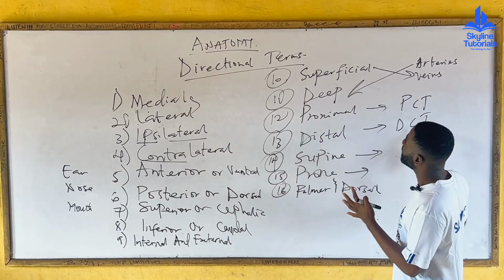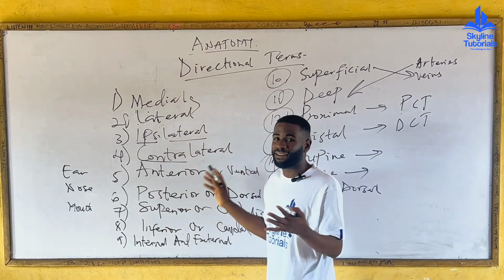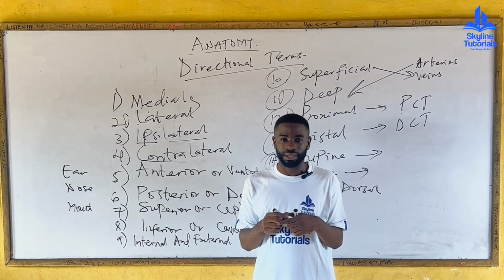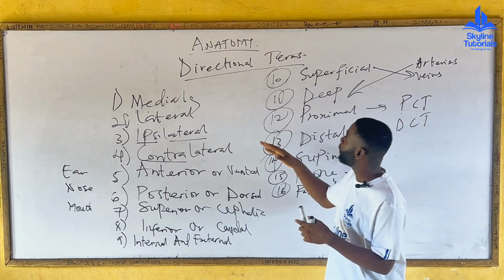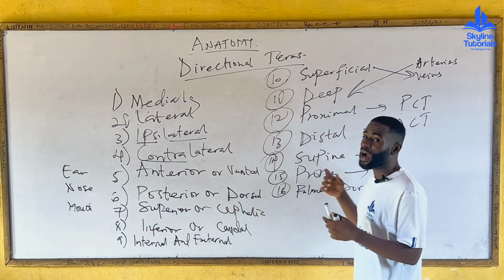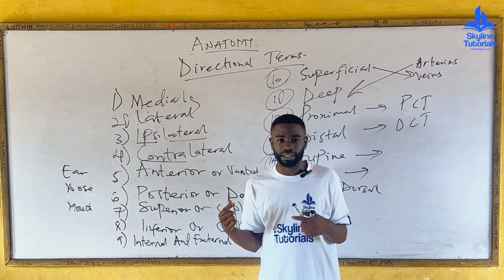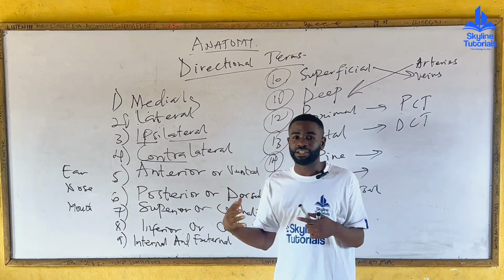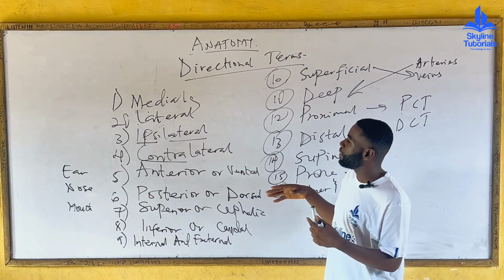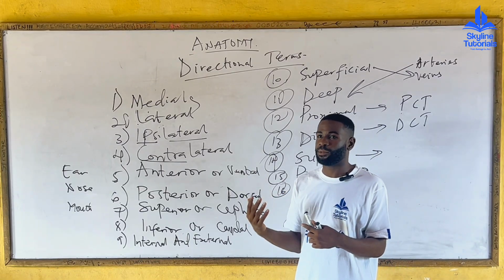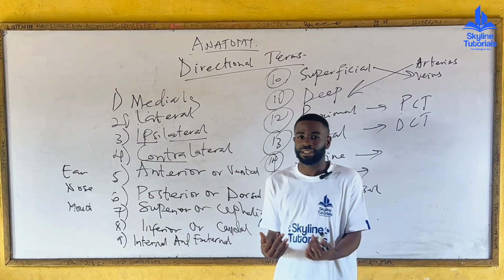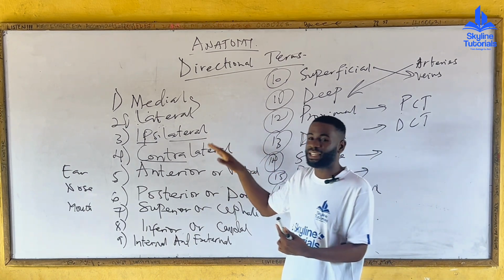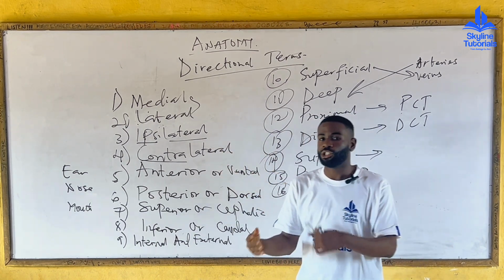So basically, this is it for the directional terms that are used in anatomy. Do well to take note of all of these directional terms and what they mean. We are going to encounter a lot of them, especially in the description of different organs in the systems, because in the description of a system, many a time you will be asked to indicate their positioning in relation to one another.